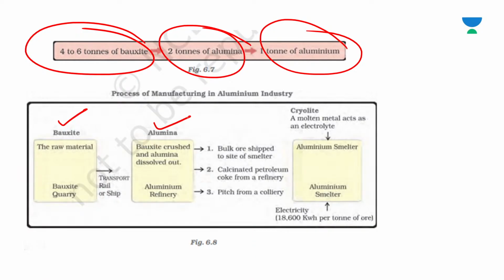Then the bauxite is crushed and alumina dissolved out. The process takes place in the aluminium refinery.